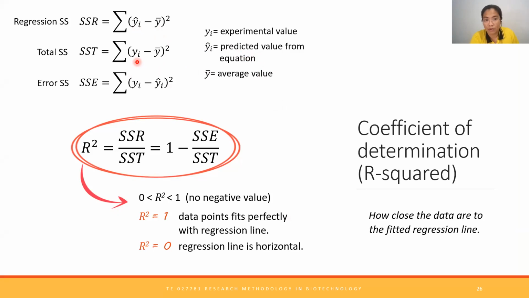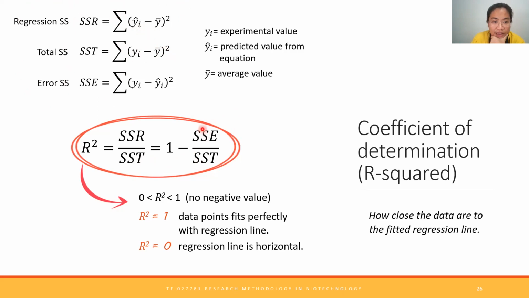And the Y without hat or bar is the experimental value. So you just follow this formula and calculate these values, and that's how you get values for calculating your R-square.